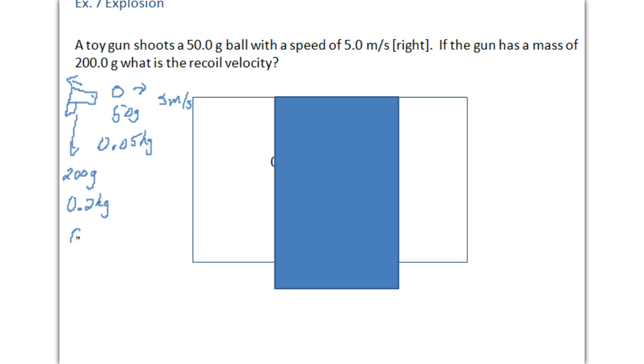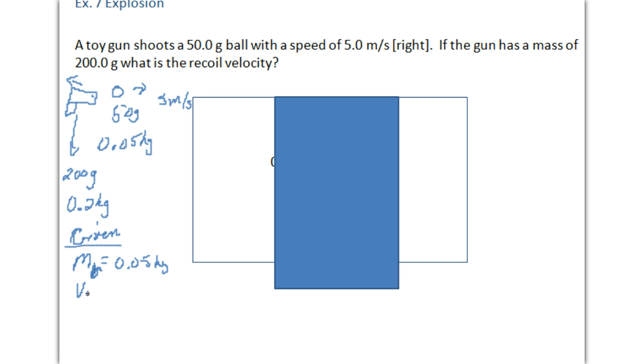So what we're given: we have the mass of the ball. Well, let's use our notation here. We know this is moving to the right. So the ball is moving to the right, and it weighs 0.05 kilograms.